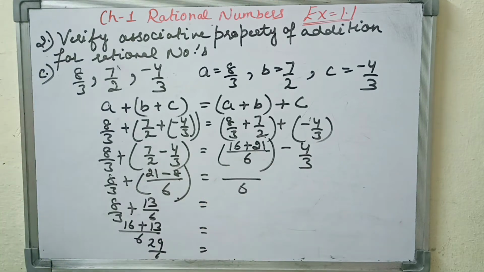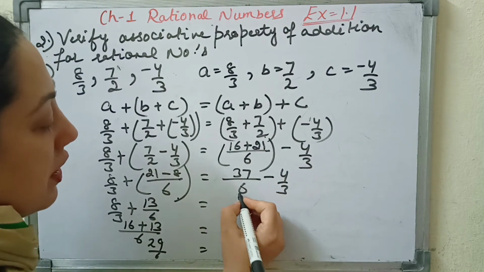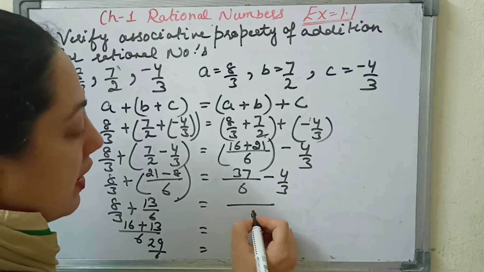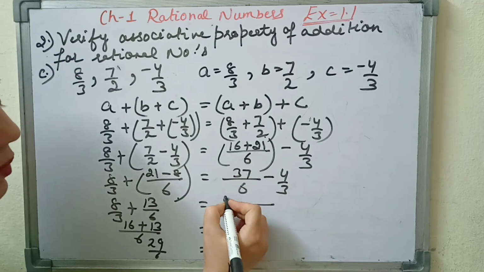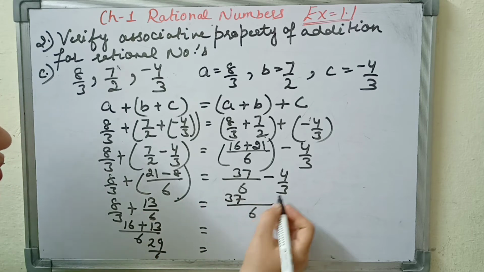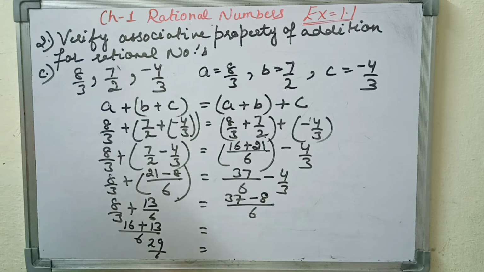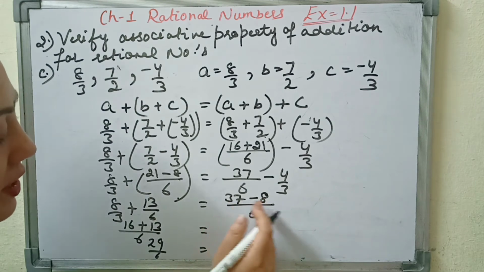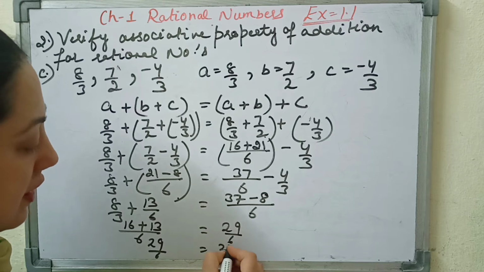Now add 16 and 21, we get 37 over 6. Minus 4/3. Again take the LCM of 6 and 3, it is 6. 6 divided by 6 is 1, and 1 multiplied by 37 is 37. 3 twos are 6 and 2 fours are 8. Now again, doing the subtraction, 37 minus 8 is 29 over 6.